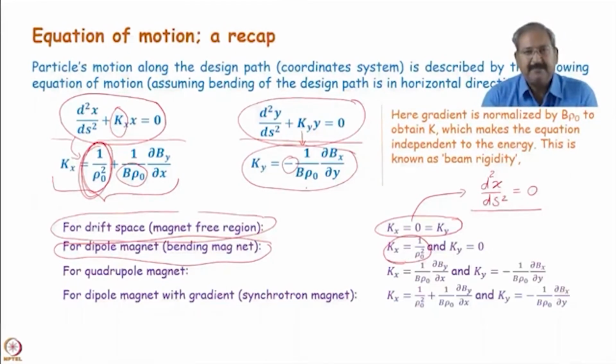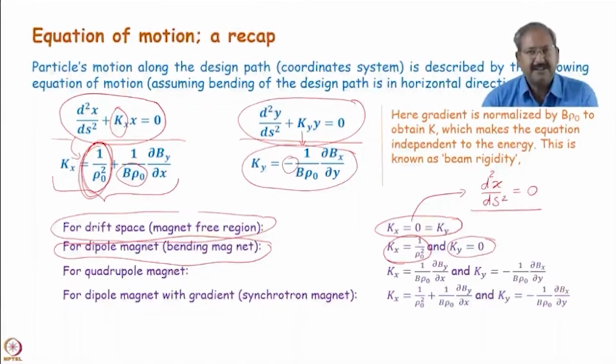Now in the vertical plane, in a dipole magnet, there is only a contribution from the gradient part in the K, and as we are assuming that no gradient is present in the dipole magnet, Ky will be 0 in this pure dipole magnetic field.